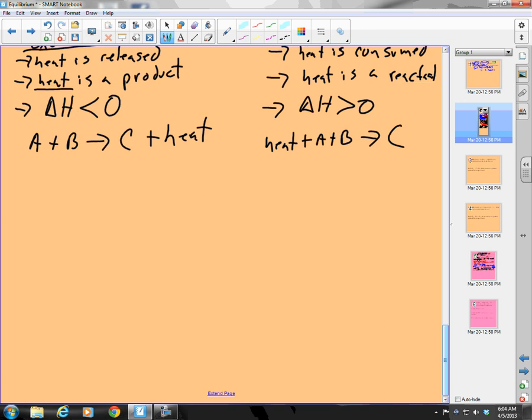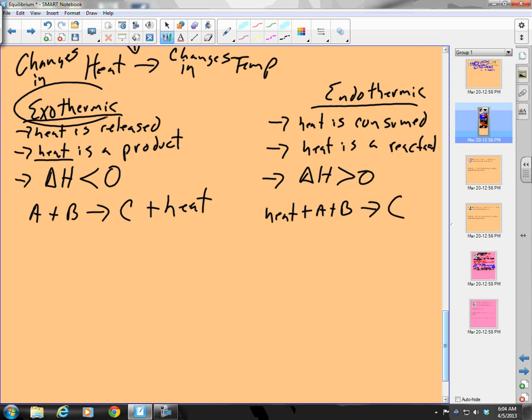So, for an exothermic reaction, what happens if my stress is an increase in temp? Well, if it's an increase in temp, what must have happened? We must have added heat. Okay, now where is heat? Heat is a product. So that means I've increased my heat.